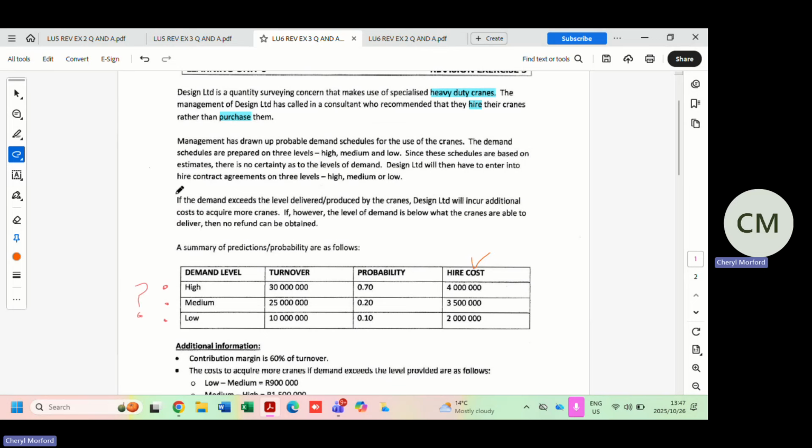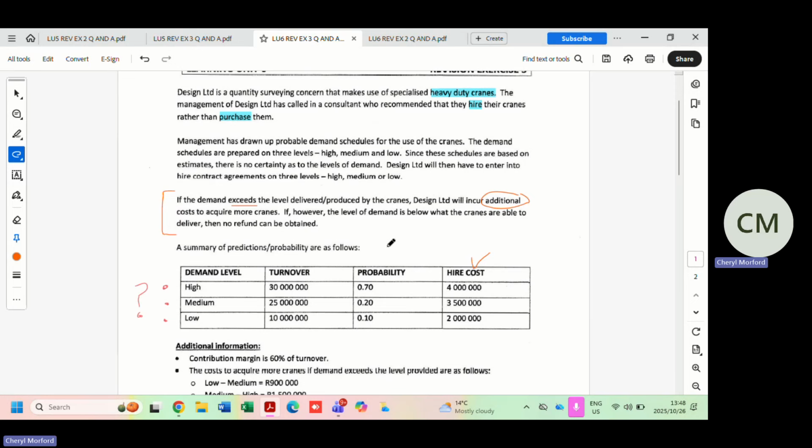However, it does tell us in here, this is the important bit, if the demand exceeds the size crane that we have hired, then there's going to be additional costs over here to hire a bigger machine. If, however, the sales demand turns out to be lower than expected, there will be no refund. So what we got to do is we got to get the contribution, we got to minus the higher cost, and then work out if there is a penalty or additional cost or not.